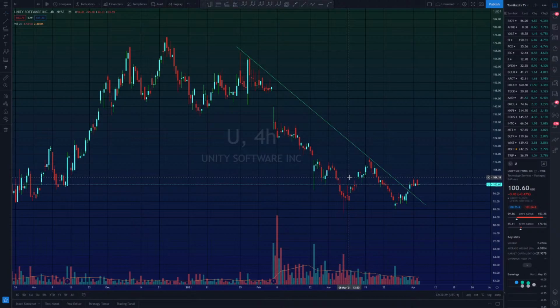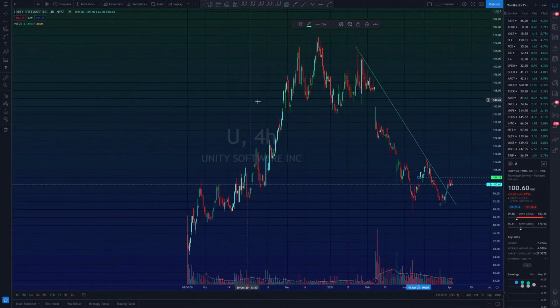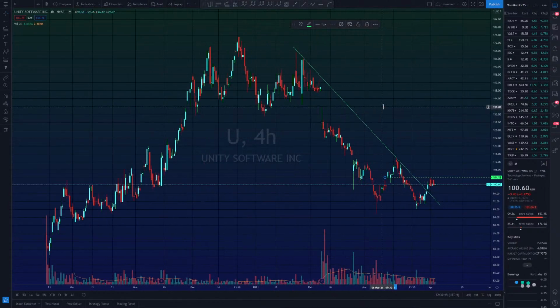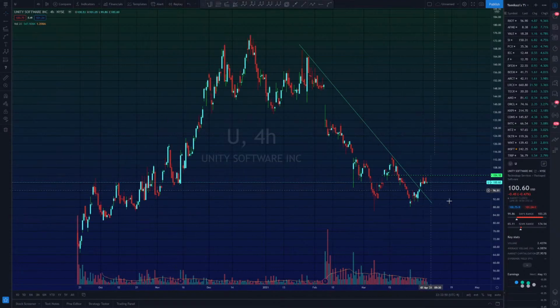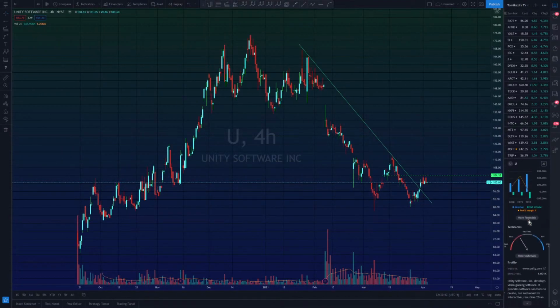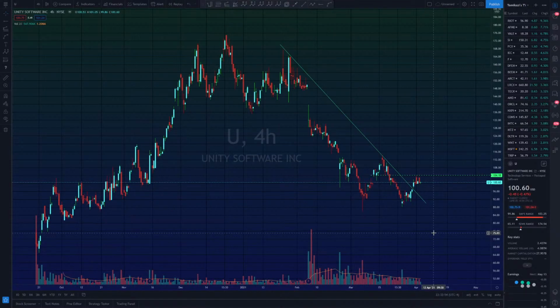So I would wait for it to break above this bull flag, and Unity could be a good play, probably over 104-ish. Then it's got a lot of room up here, though it has this island gap reversal up here. It's going to be a tough one. I don't know a ton about it. I know of it, I'm aware of it. But any company whose profits are going down is a struggle for me.